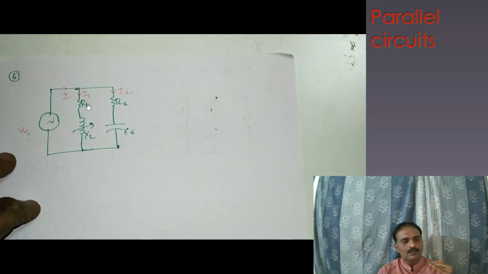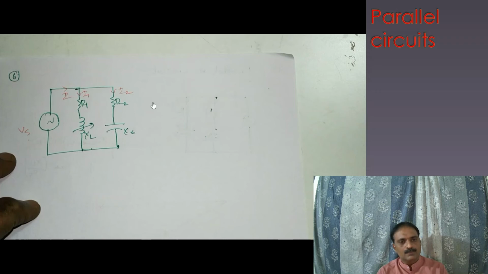I1 is the current passing through branch 1, and I2 is the current passing through the second branch. So here the applied voltage will be the same across each branch because they are connected in parallel. Here if you want to find the locus of this total current, first we have to consider I2, the current passing through the series combination of resistance and capacitance, and that is going to lead the supply voltage because it consists of the capacitor.